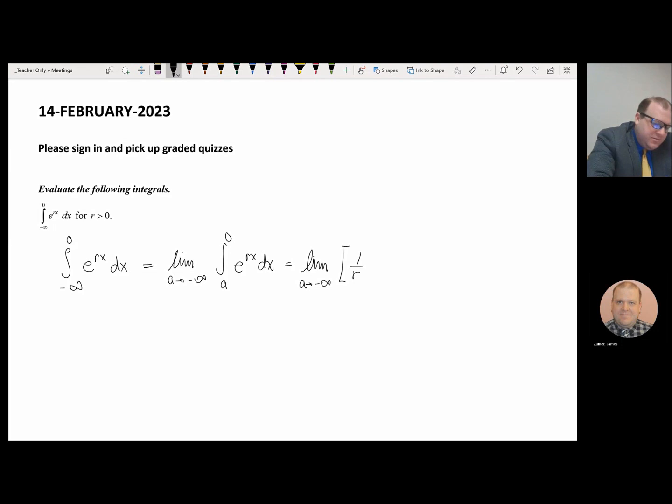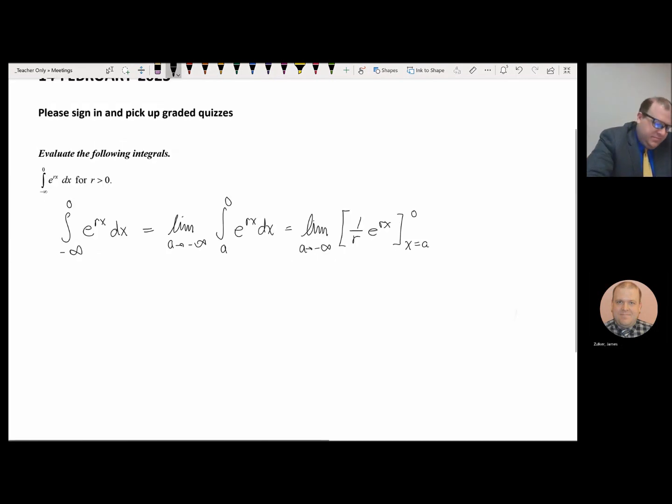The 1 over r e to the rx, evaluated from x equals a to 0. We get 1 over r e to the 0 minus 1 over r e to the r times a.